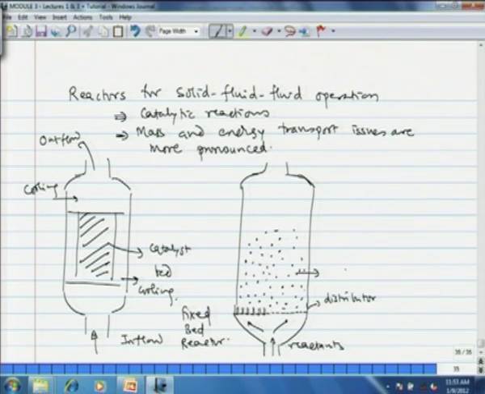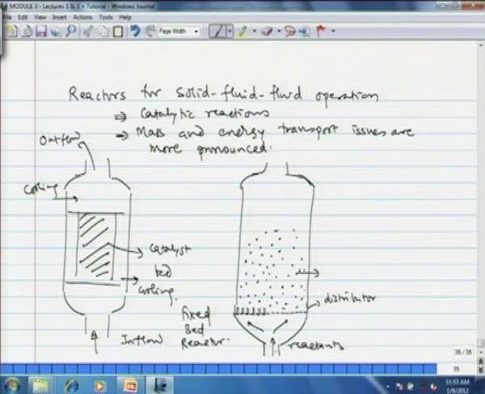That is determined by a force balance on the particles. Those things we are not going to include in this course. You have a separate course on fluidization engineering where these will be covered in greater detail.